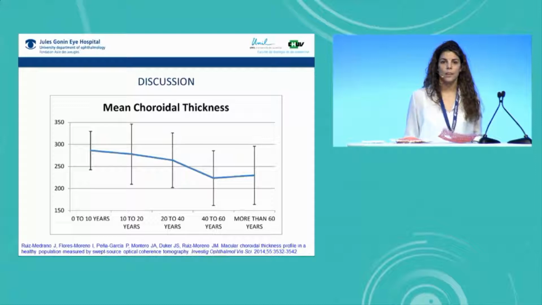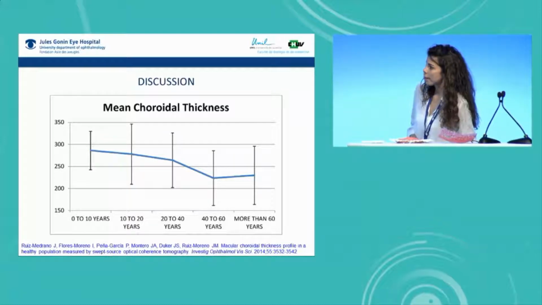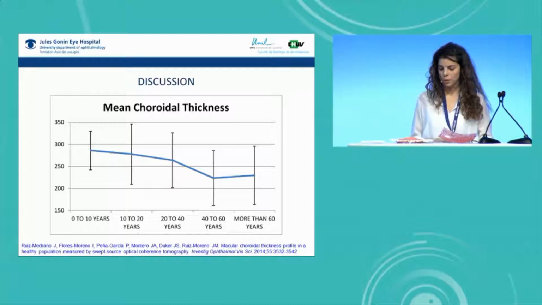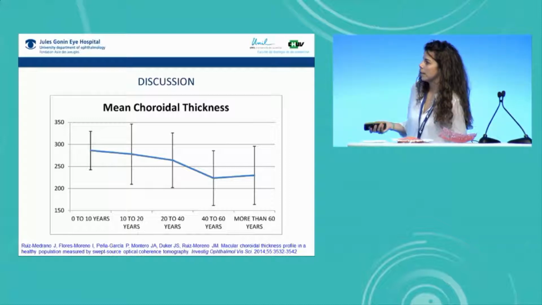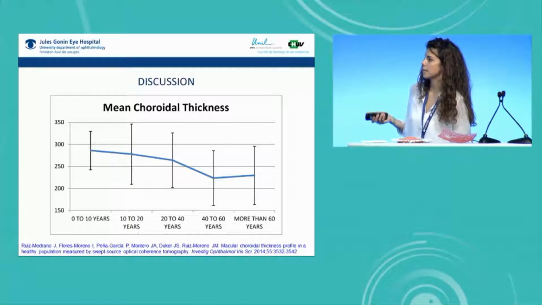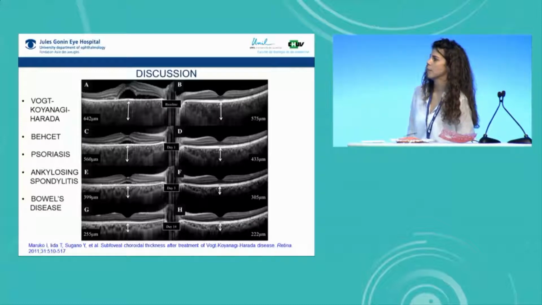The second theory talks about inflammation. In this graph, we can see the normal evolution of the choroid towards a progressive thinning. But there are some exceptions, and we can see an increase in the choroidal thickness in some inflammatory diseases.